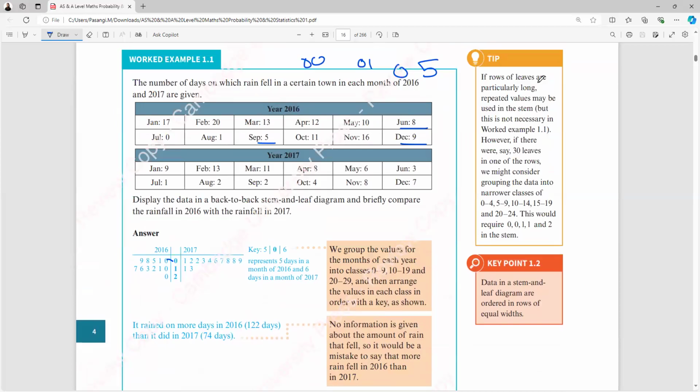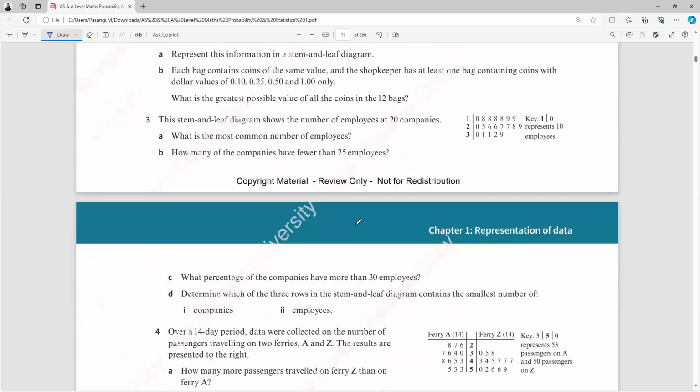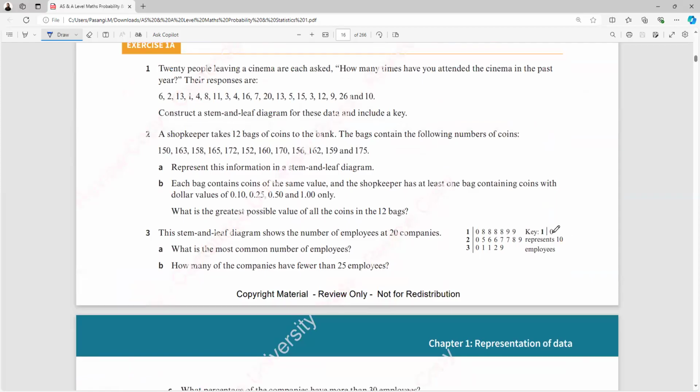If rows of leaves are particularly long, repeated values may be used in the stem, but this is not necessary in worked example 1.1. However, if there were say 30 leaves in one of the rows, this means you should not put everything in one long row, just put only 5 numbers and then the remainder goes below.